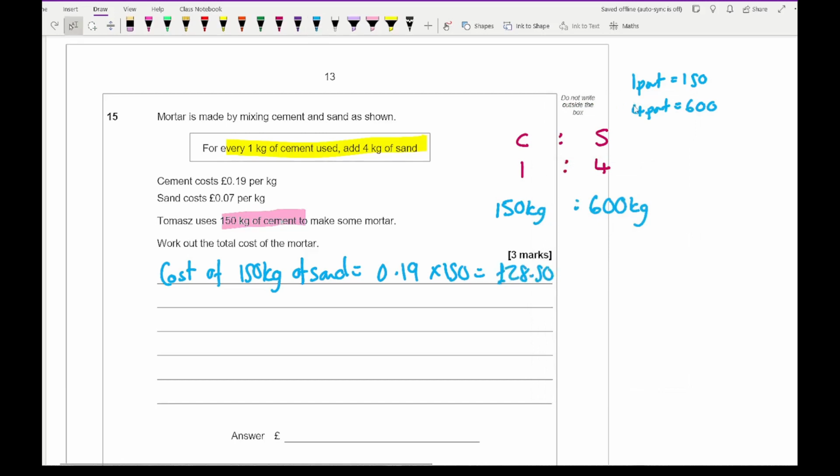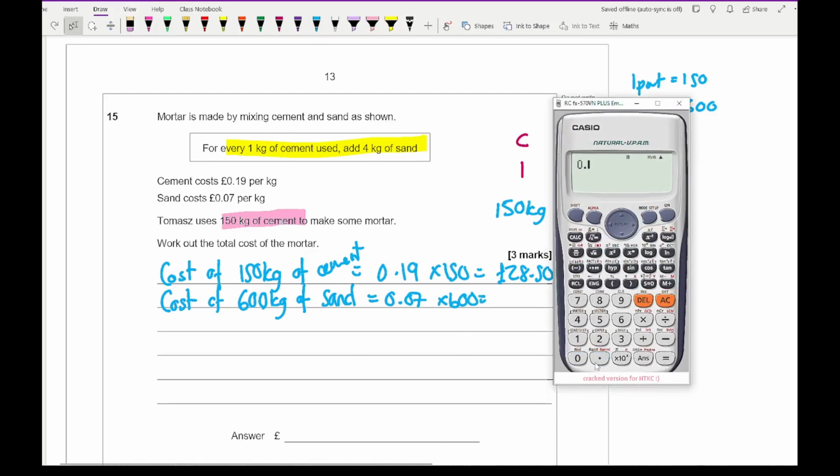And then if I work out the cost of 600 kilograms of sand, and sand should be 0.07 times 600, so 0.07 times 600 equals 42.